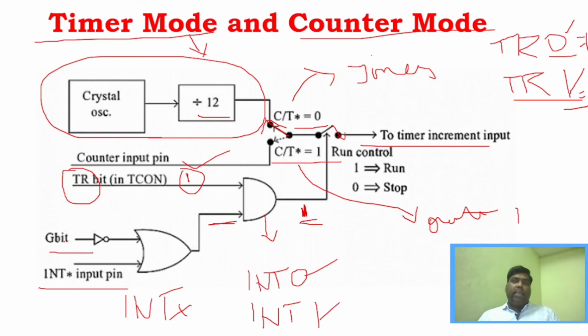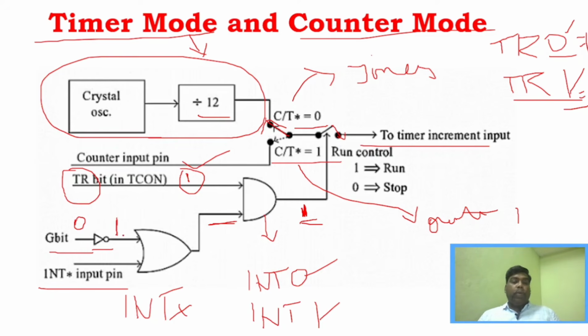You can see here we are using the gate bit and the INTX pin. Let me say that if the gate pin is 0, you can see there is a NOT gate here. If the gate bit input is 0, then obviously it will produce 1 here after this NOT gate.